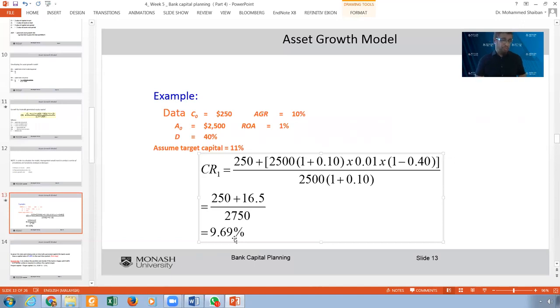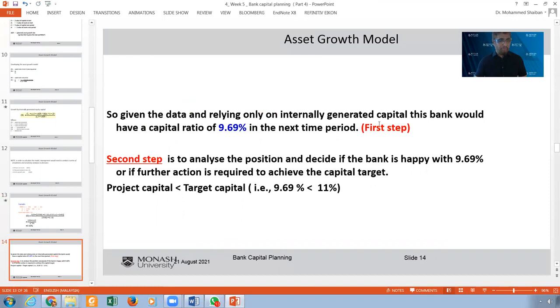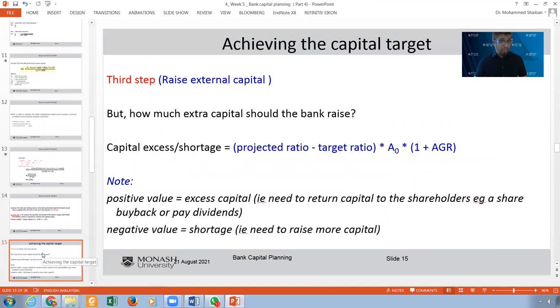Of course, it's not what I want because my target capital is 11%, which means basically, without even going to the next slide, you know that I have a shortage and the internally generated capital is not enough, and I have to go for external sources. If I come now and it tells you this is 9%, you know that I will have a surplus. So in this case, as you can see, first step, we calculated 9.69. And second step, I discovered that the 9.69 is less than the 11%. Now I have to decide how much I should raise.